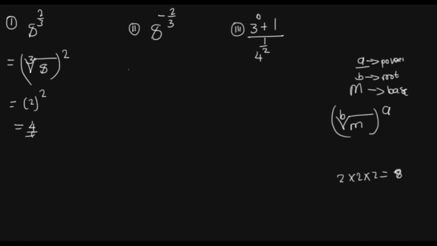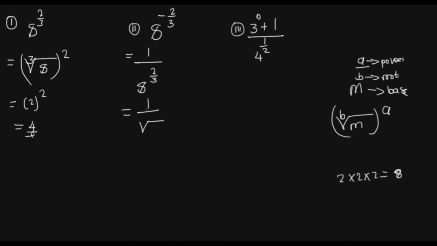Okay, let's have the one where we have a negative. The only difference is in step number 1, we need to convert this into a positive index. Then from there, we simplify it the way we did in part number 1. So what we are saying is 1 over 8 raised to the power 2 over 3. Then the denominator part will be simplified as usual.